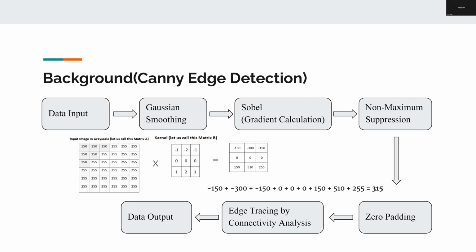After that, we come to non-maximum suppression, which finds the local maximum in the gradient magnitude. After that, we do some zero padding to restore the image back to the original size. Then we do edge tracing by connectivity analysis to connect the strong edges and the weak edges. Eventually, we get the data output, which is the edge detected images.